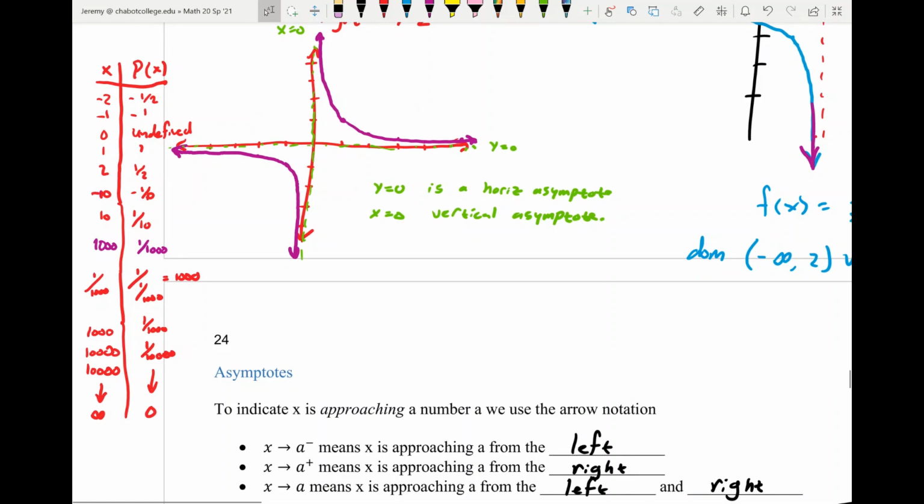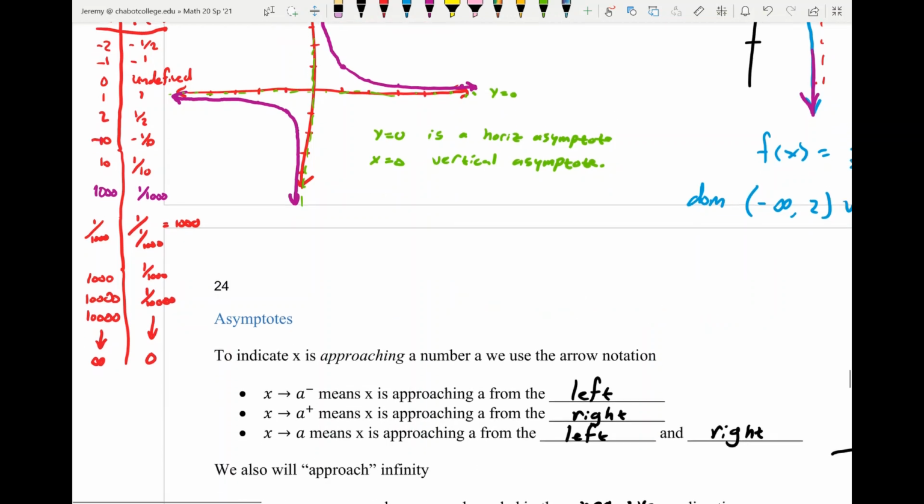Technically this is end behavior. As we go way off to the right, what happens? As we go way off to the left, what happens? When we talk about end behavior, we're used to hearing it with polynomials, where it always shoots off to positive or negative infinity. This is a different type of end behavior where it doesn't go off to positive or negative infinity. It might just approach some horizontal line.